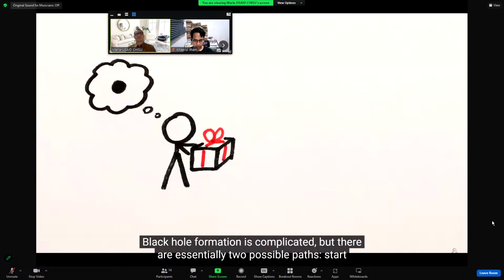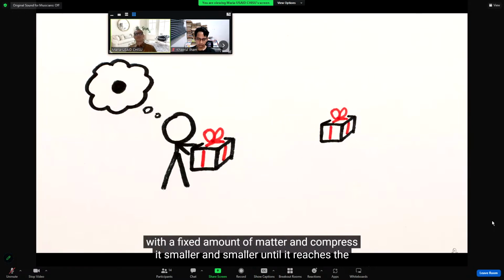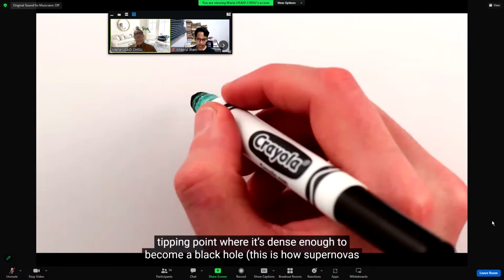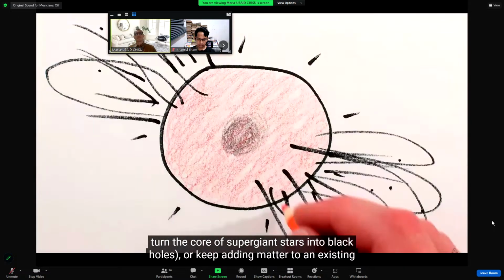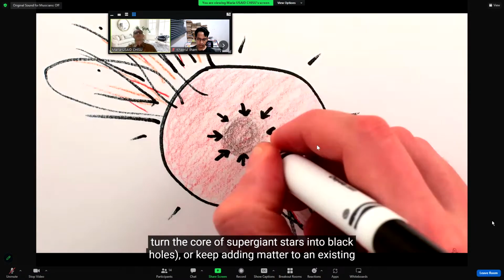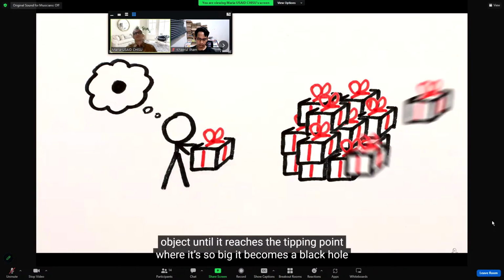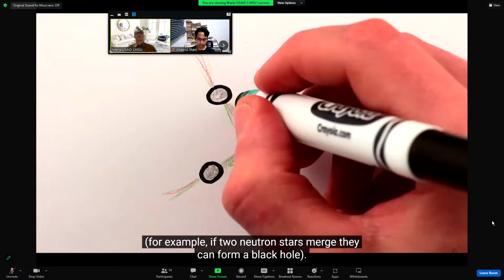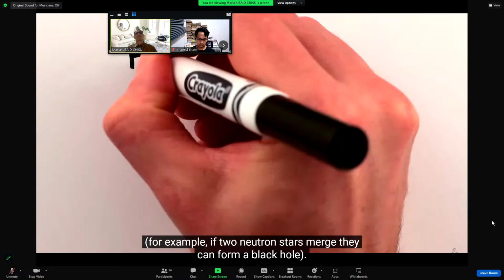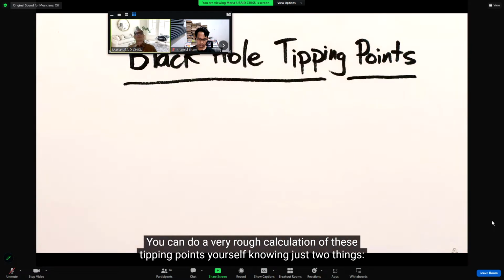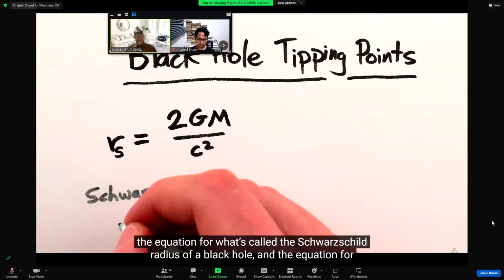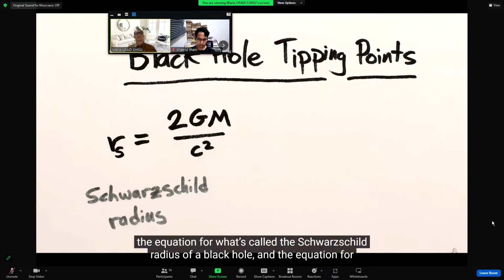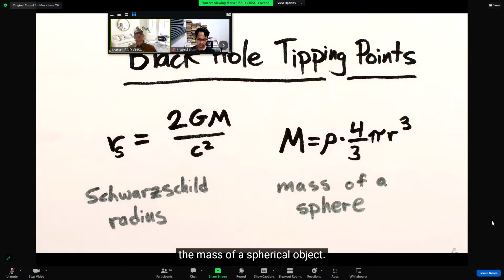Black holes are either from... The Schwarzschild radius of a black hole and the equation for the mass of a spherical object.